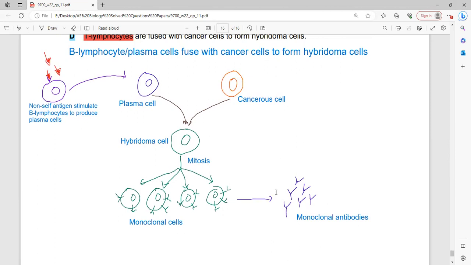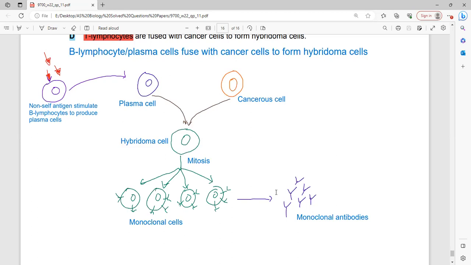This non-self antigen will stimulate our B lymphocyte to produce plasma cells. Now, this plasma cell is combined with a cancerous cell. Why? Because the plasma cell does not have high dividing capability. While it can produce a specific type of antibody, we want it to divide again and again. To get this characteristic, we fuse this cell with the cancerous cell and produce a hybridoma cell.